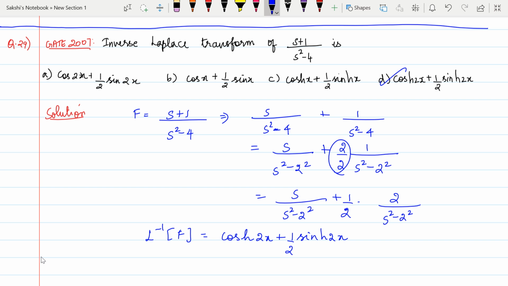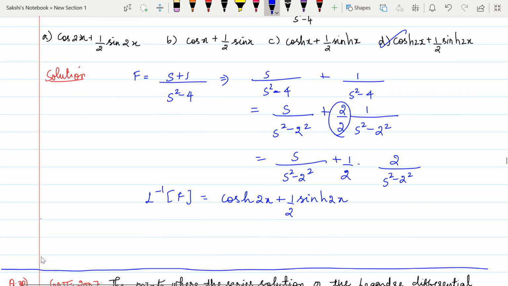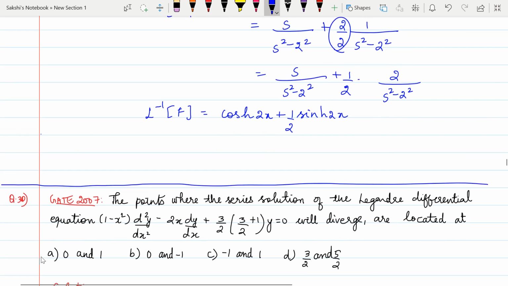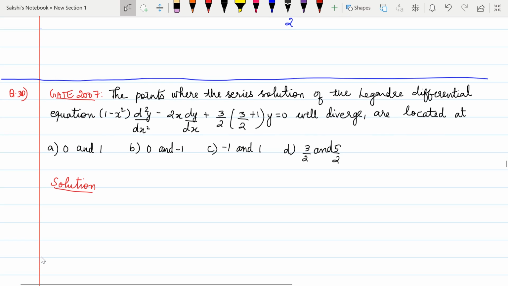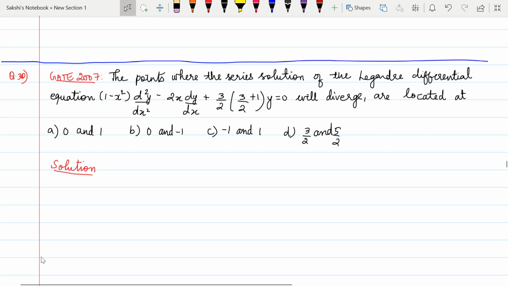So let us see the last problem of today, which is from 2007, and it is also from differential equations, special functions, the Legendre differential equation. In the Legendre differential equation we have n into (n plus 1), but here instead of n we have 3 by 2. It's just to deviate you from the problem.